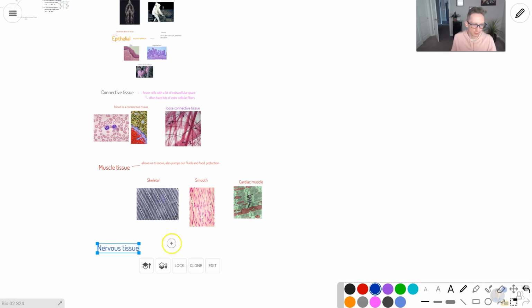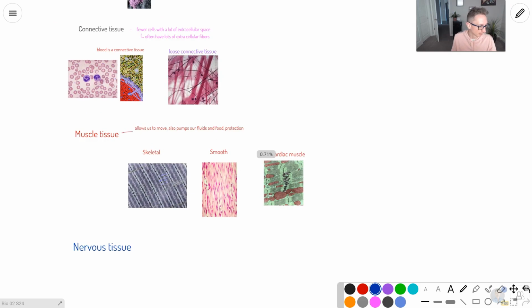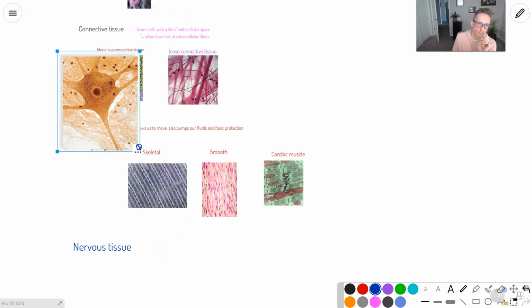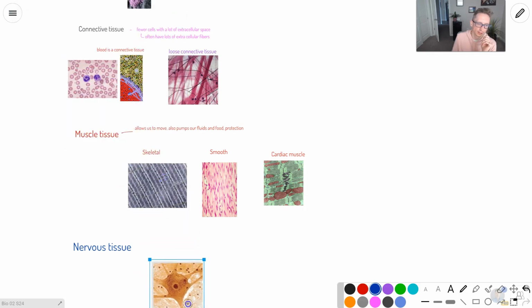Okay, nervous tissue, what does this allow us to do? Actually, let me pull up a cool little picture of a neuron here. There's a little neuron. We've also got our dude up there.